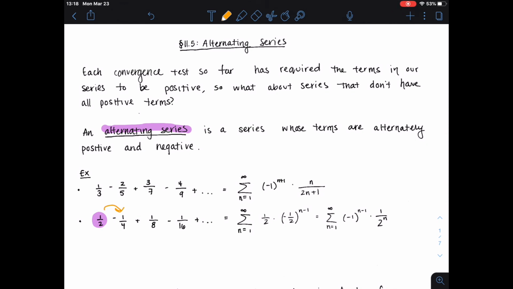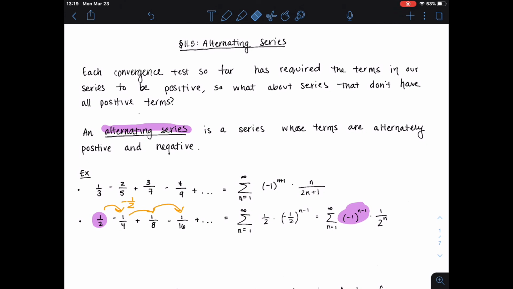To get from here to here, you multiply by negative 1/2. Same thing from here to here. So it's a geometric series where you get a, which is 1/2, times r to the n minus 1, since we're starting at 1. If you want to simplify and clean it up, you can pull the negative 1 out on its own to see that it's alternating.